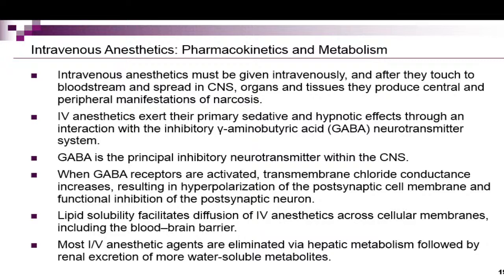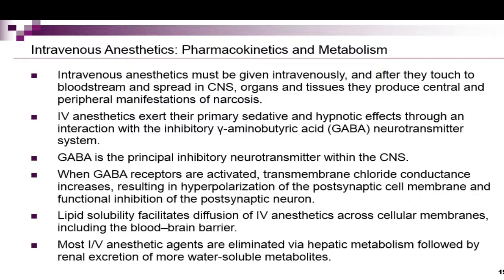Pharmacokinetics and metabolism of intravenous anesthetics. Intravenous drugs must be given intravenously, directly into the cardiovascular system, and after they touch the bloodstream and spread in CNS, organs and tissues, they produce central and peripheral manifestations of narcosis. Intravenous anesthetics exert their primary sedative and hypnotic effects through an interaction with the inhibitory gamma-aminobutyric acid neurotransmitter system.